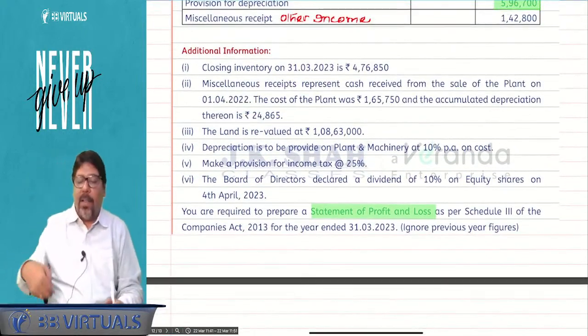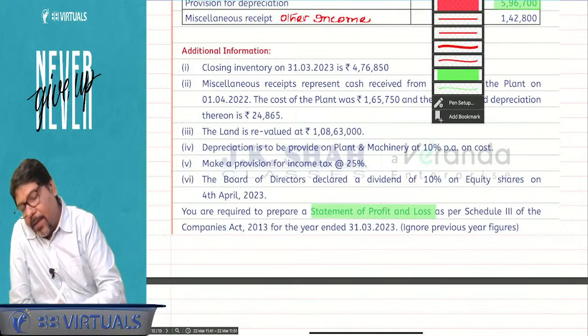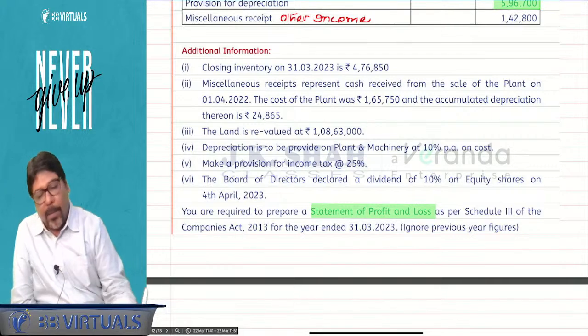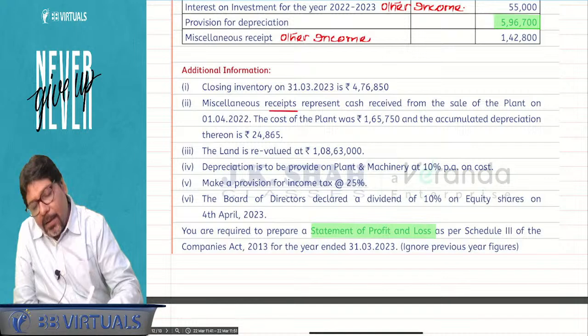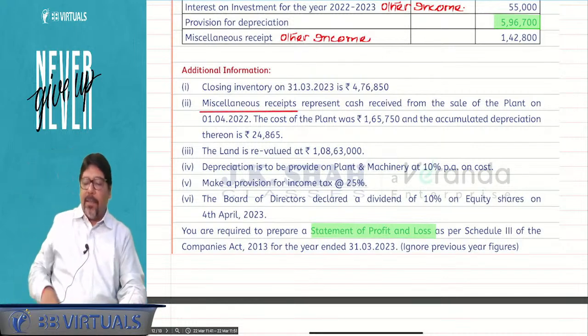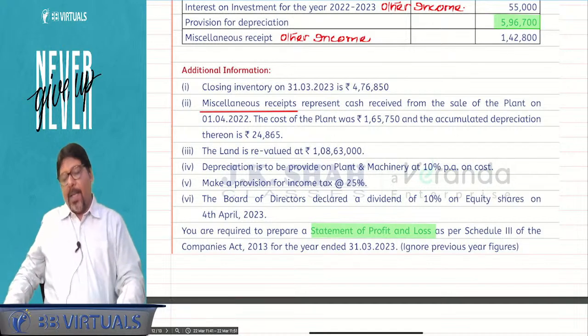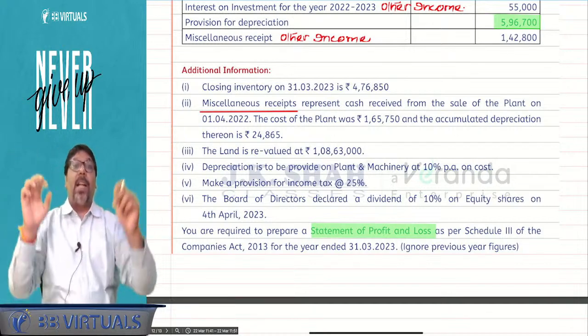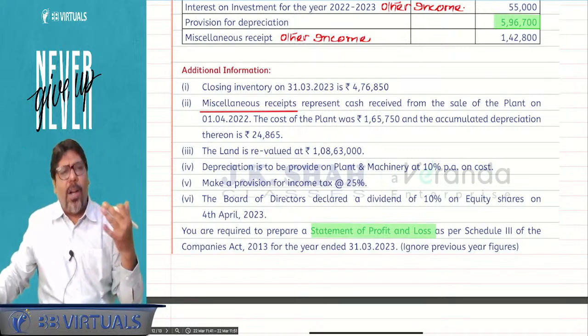Closing inventory on 31st of March 2023 is 476,850. No problem. Miscellaneous receipts represents cash receipt from sale of plant on 1/4/2022. That means at the beginning of the year, you sold plant and machinery.